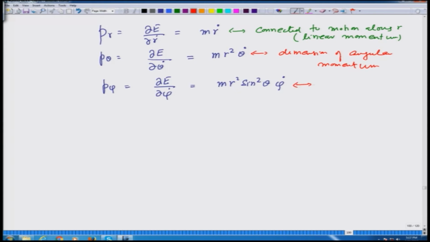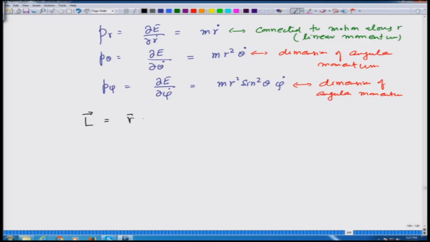And so does the third one. But what are their interpretations? So, let us see what the angular momentum of a particle moving in 3 dimensions is.